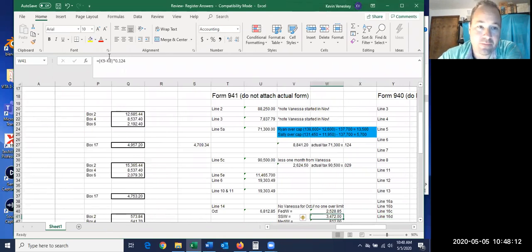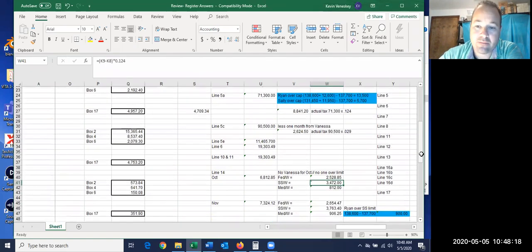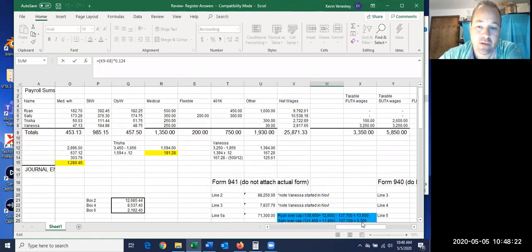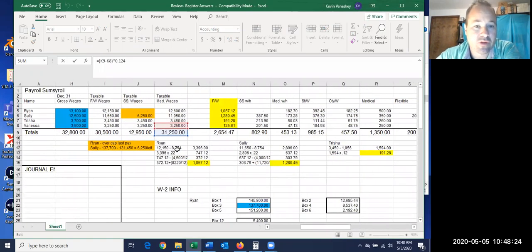Social Security: all I did is look at, because nobody hit the cap in October, the Medicare wages, subtract out Vanessa again, and then multiply that by 12.4%, or 0.124 as a decimal.